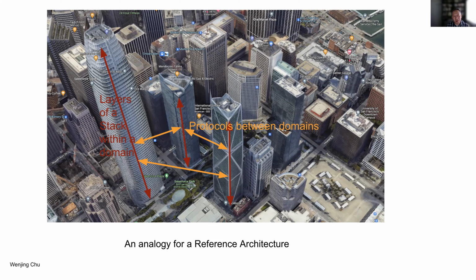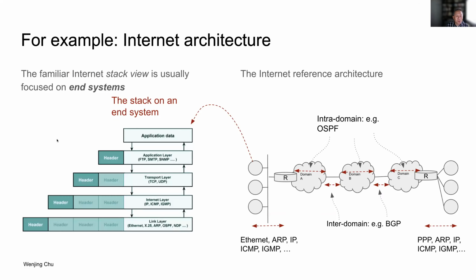So when we speak of a protocol, we need to be aware which layer we're speaking of. And so collectively, this picture with multiple stacks and how they interact with each other constitutes what I mean by a reference architecture. So that's a good analogy, but still quite fuzzy.